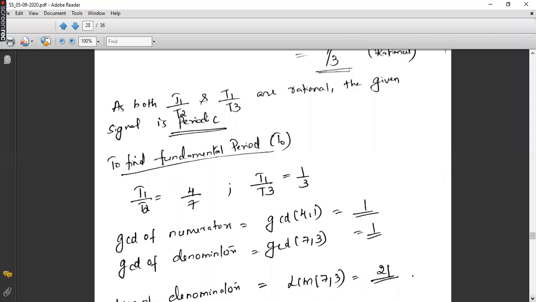Is there any common factor other than 1 that divides both 4 and 1? 1 is the only factor, right? 1 is 1 into 1. 4 is 2 into 2 or 4 into 1. So the only common factor is 1. Hope you know how to find GCD. I don't want to go into that. Is it clear? Any doubts to find the GCD of 4 and 1?